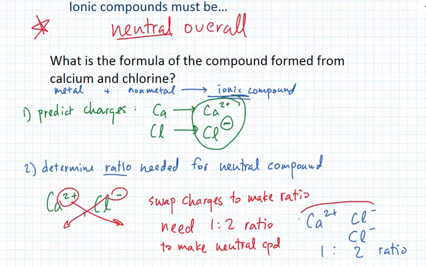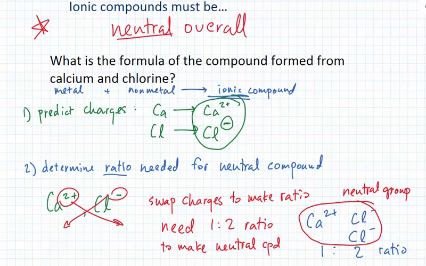Because if you look at this group of ions, this is a neutral group. I've got a 2+ here, and I've got 2 minuses there. That's a neutral grouping. So in order for this compound to be neutral, for every 1 calcium, I need 2 chloride ions.